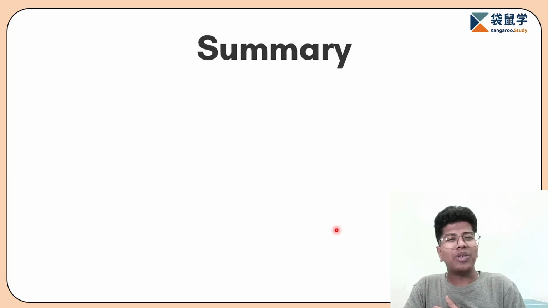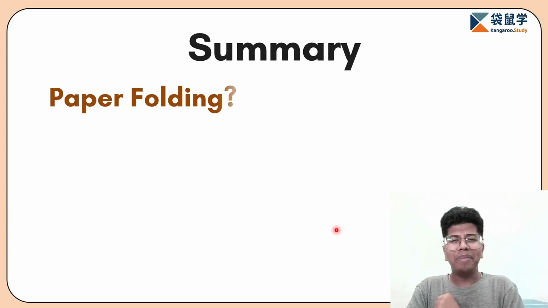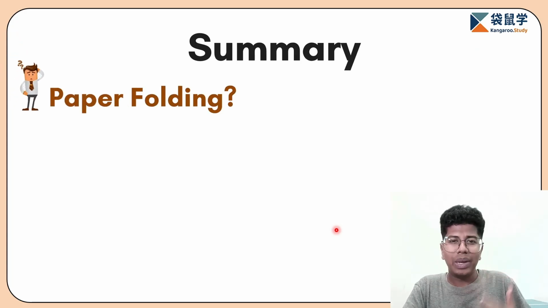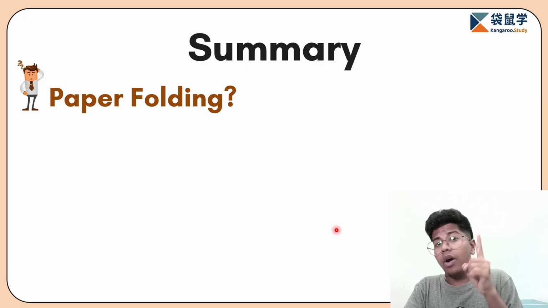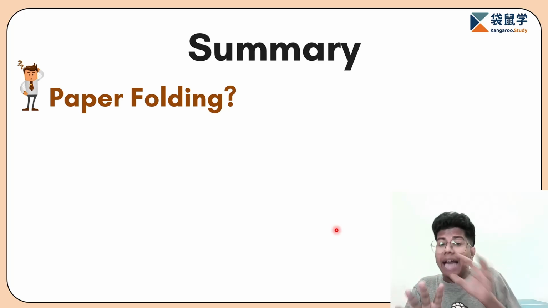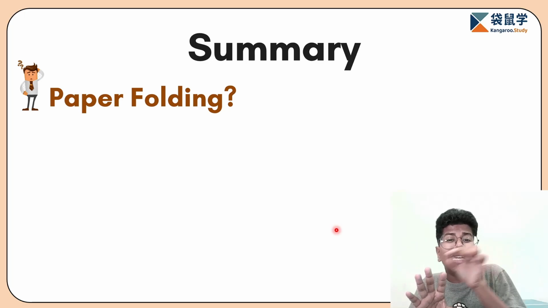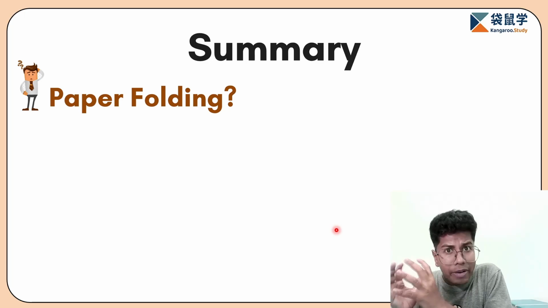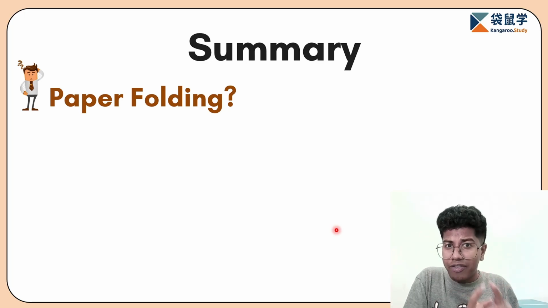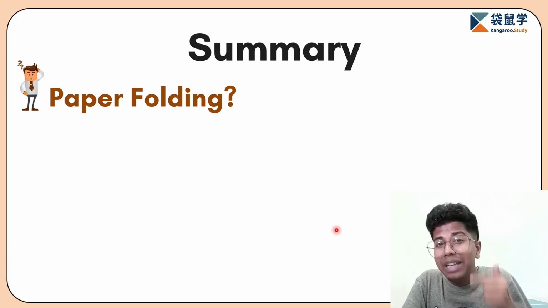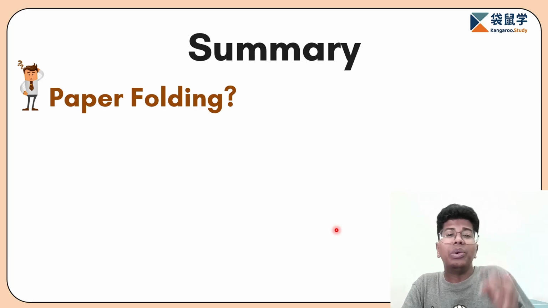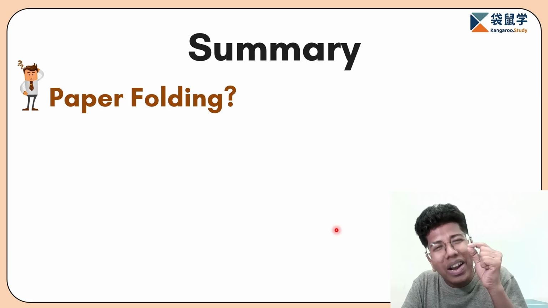So whenever you have a question based on paper folding, this is the summary that we can make. Whenever you see a question and want to trace the angles before and after folding, what's the first thing that we did to trace? Yes, we can draw before folding and after folding.